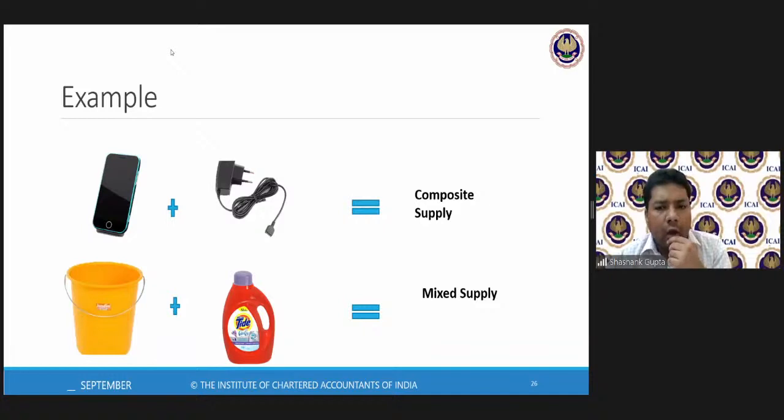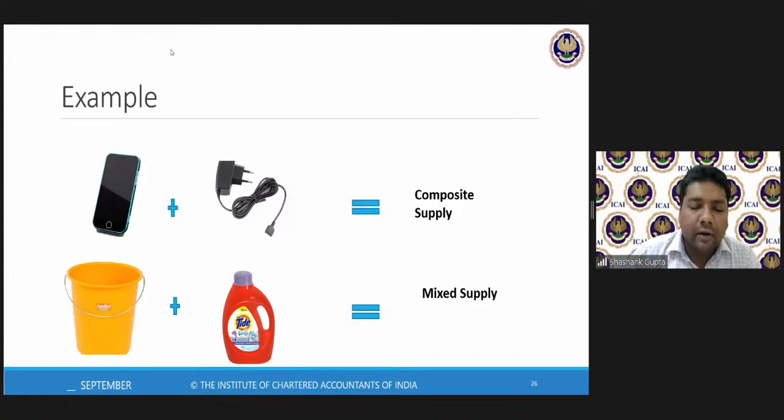Yeah, Prajmohan, in composite supply, first of all, yes, it has to be more than one supply. Shivani, conjunction is a simple English word which means two things supplied together. Charu, as for an example of works contract, first of all, in GST, works contract has been restricted.